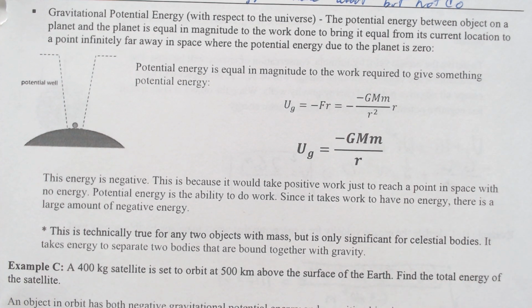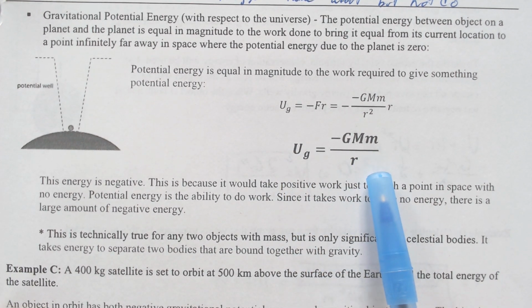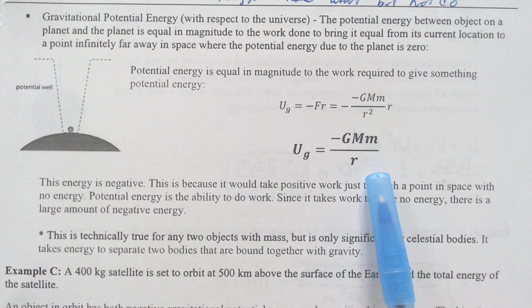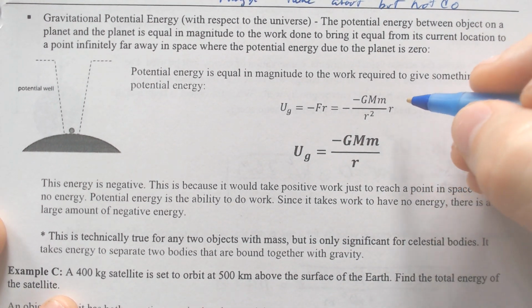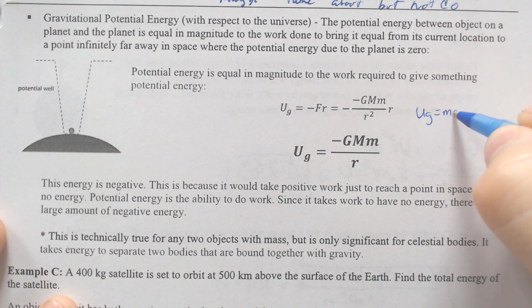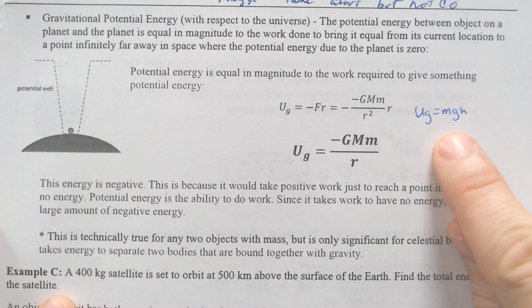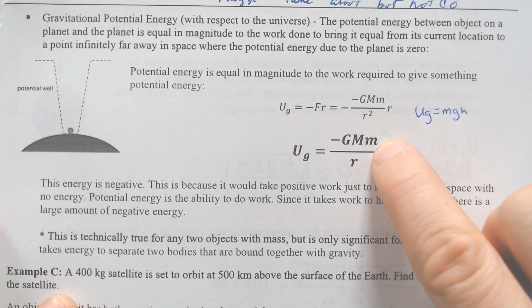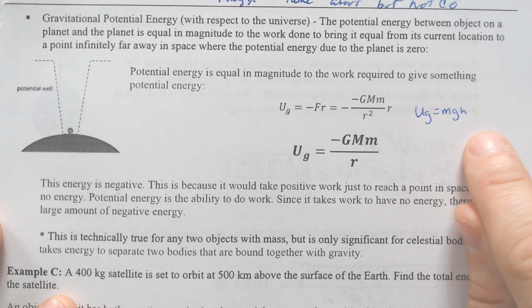All right, so what we have here is the gravitational potential energy in relationship to the gravity formula, which at first confused me. But remember that gravitational potential energy is equal to mgh. The mass of the object, that's this m. Gravity, which is typically thought of as just 10 meters per second squared, times height.